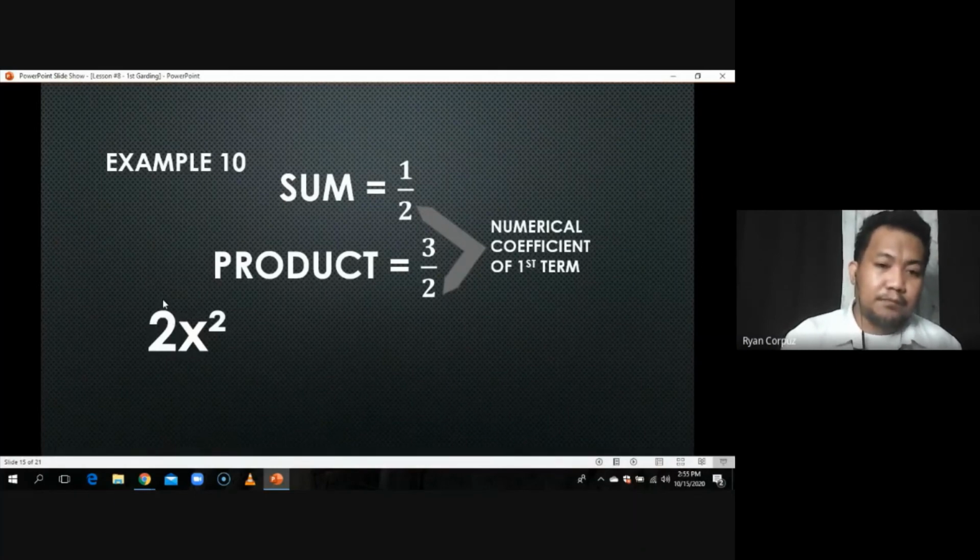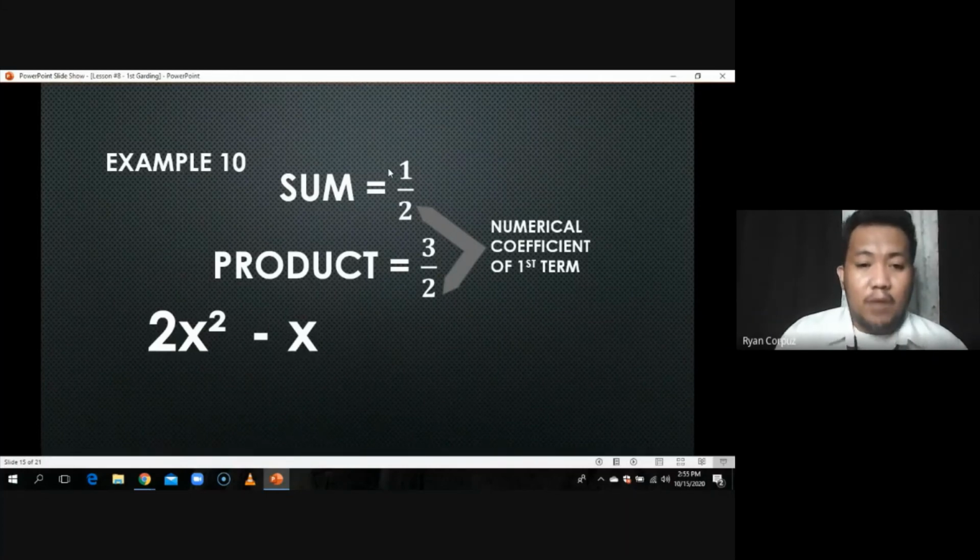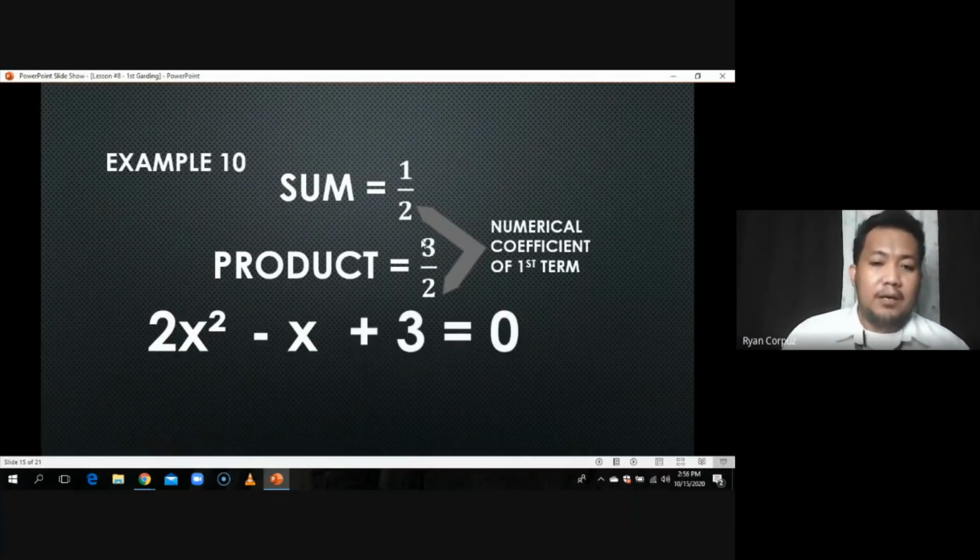Then the opposite sign of 1, which is negative 1, so it will become minus x. Because if your numerical coefficient is 1 or negative 1, we do not have to write 1 anymore because it's already understood. Then the same sign of the product, which is 3. So we come up with plus 3 equal to 0.